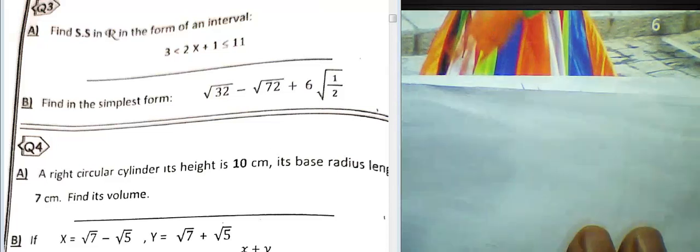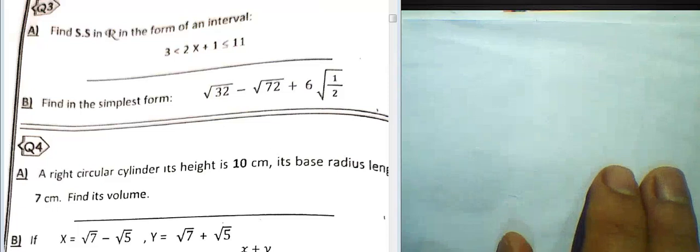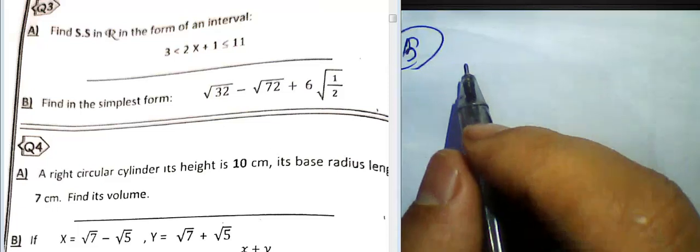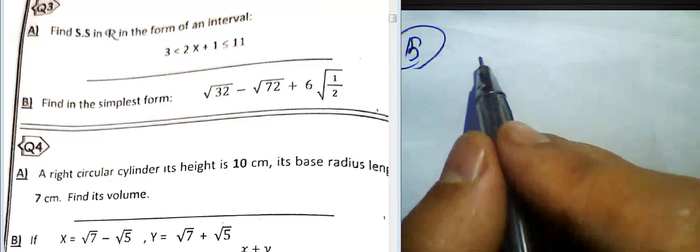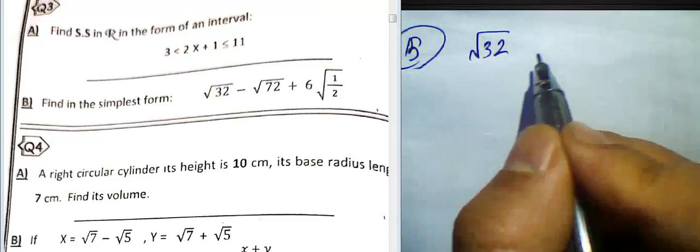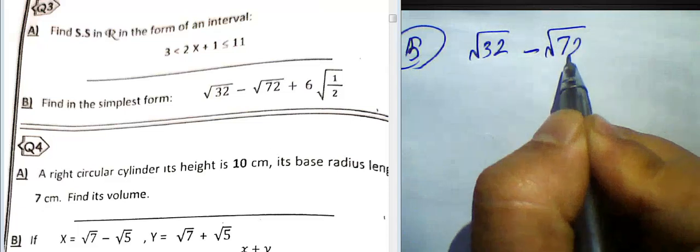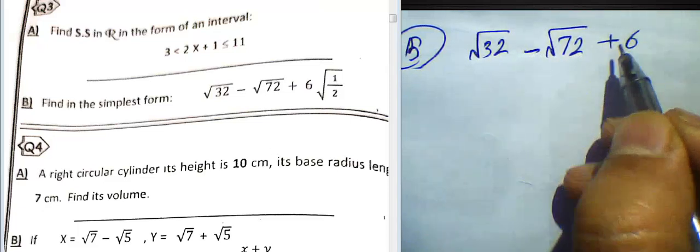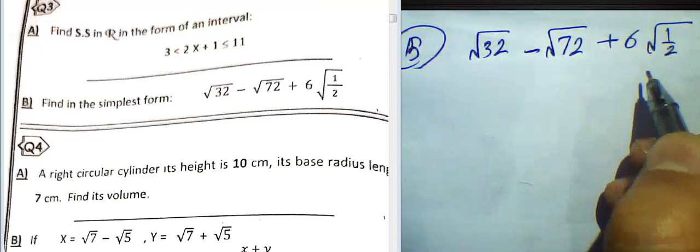Question letter B. Look at here. Letter B. Find in simplest form root 32 minus root 72 plus 6 root 1 over 2.